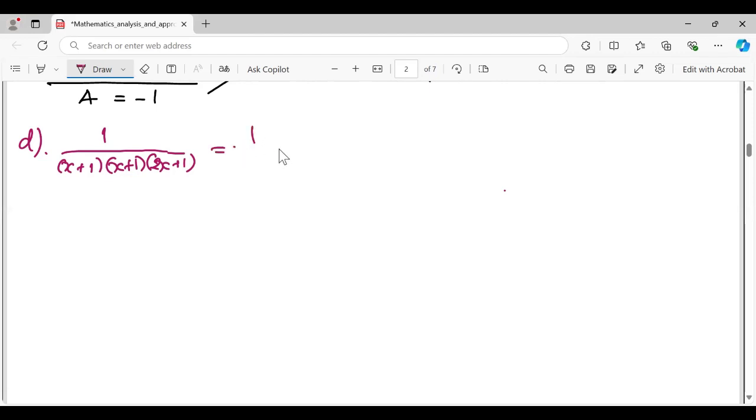It is 1 over x plus 1 times 1 over x plus 1 times 1 over 2x plus 1, like this.